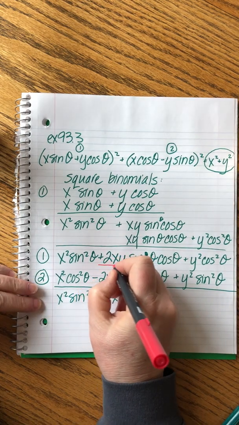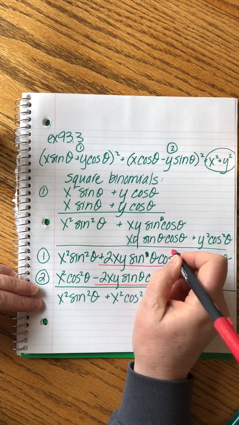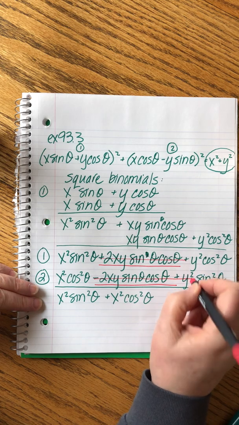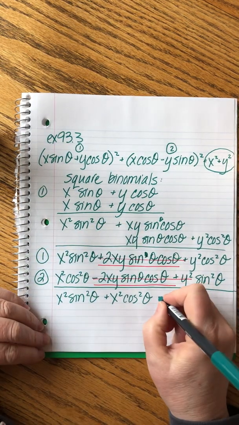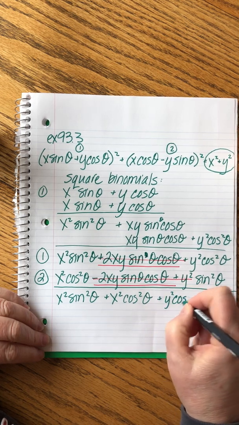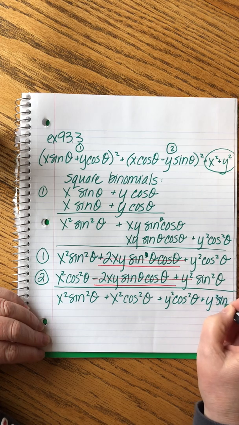Happy days, plus minus. These two cancel out completely. Then we have these two at the end, plus y squared cosine squared theta plus y squared sine squared theta.